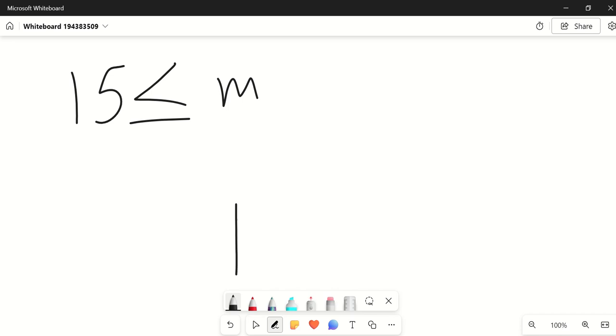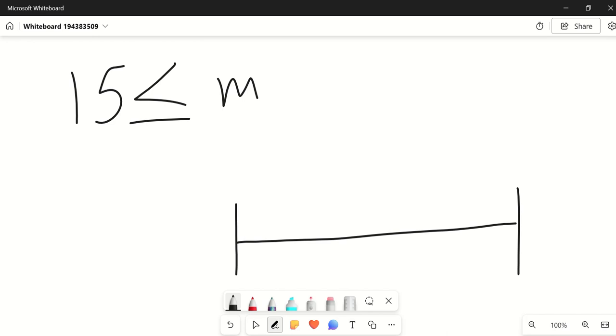15 is less than or equal to M. Ladies and gentlemen, which way is my arrow pointing? Ladies and gentlemen, what's wrong with this? Dominic. The variable should always be to the left, so how do I fix this?